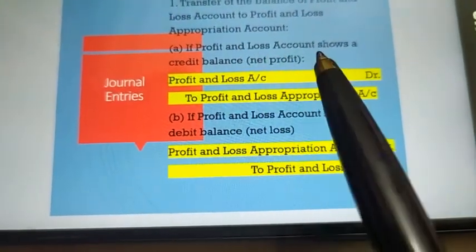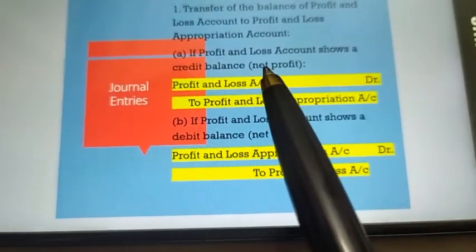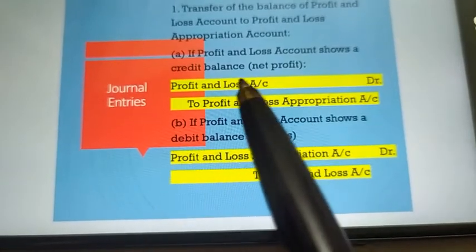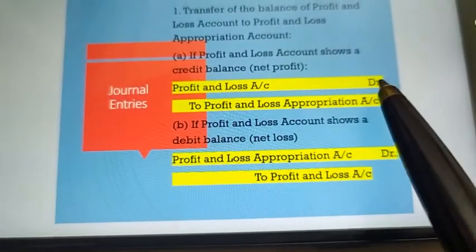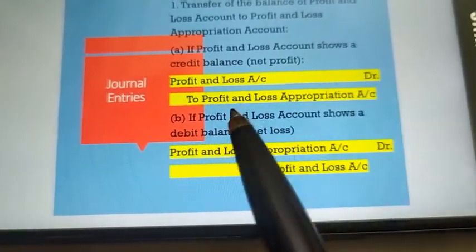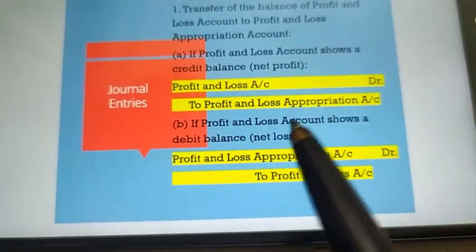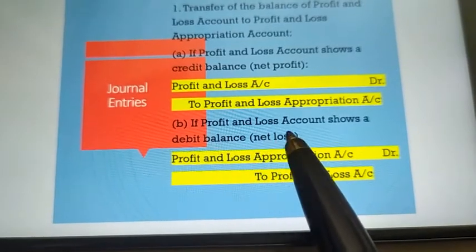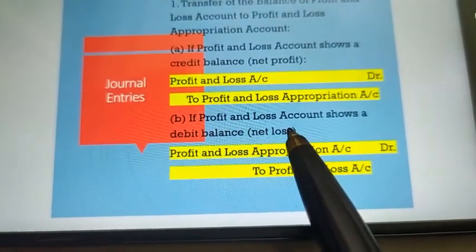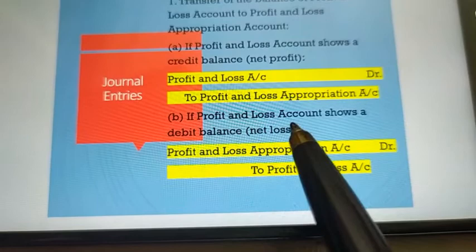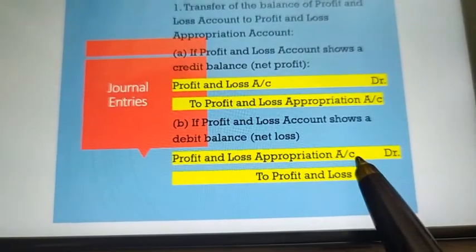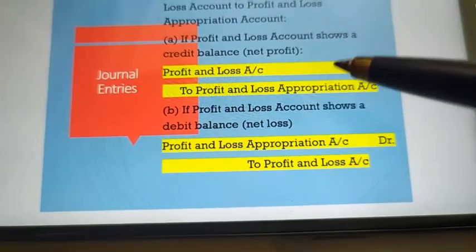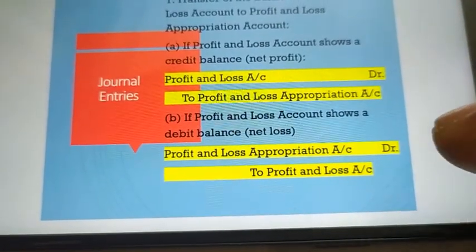From the profit and loss account, the net profit is transferred to the profit and loss appropriation account, so the amount of profit is debited to the appropriation account. Whereas if there is a net loss, that net loss is again transferred by debiting the appropriation account and crediting the profit and loss account. This is transferring the net profit or net loss to the profit and loss appropriation account.